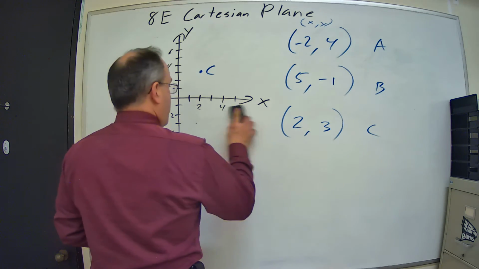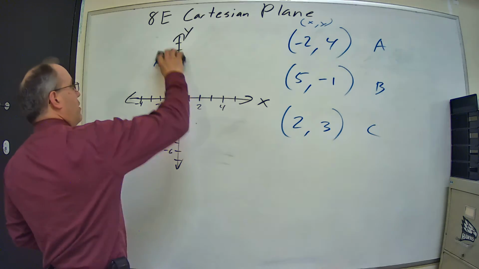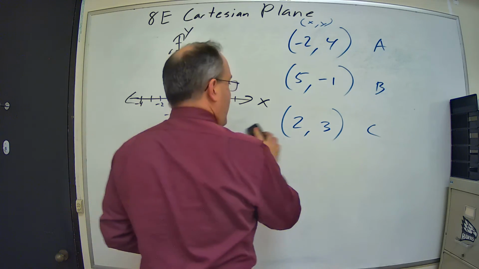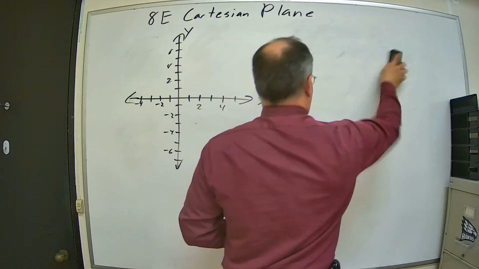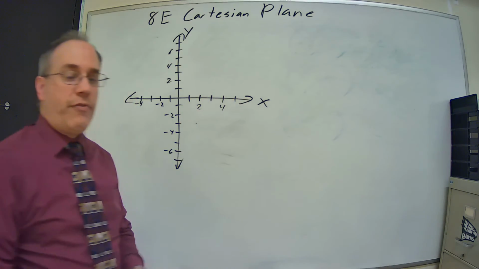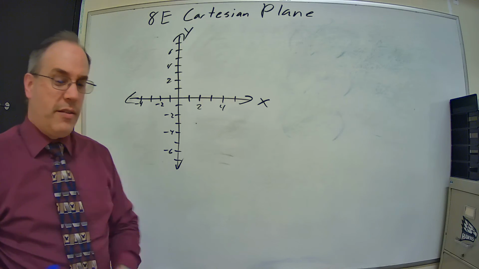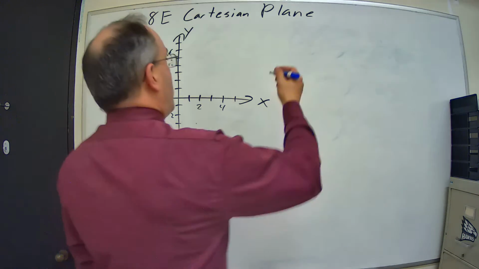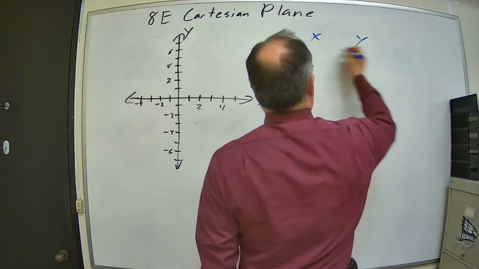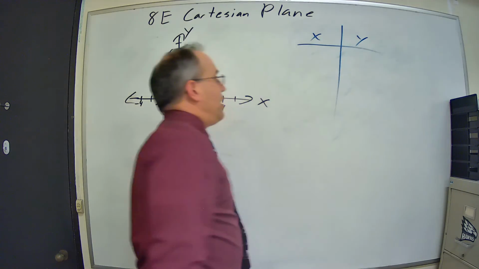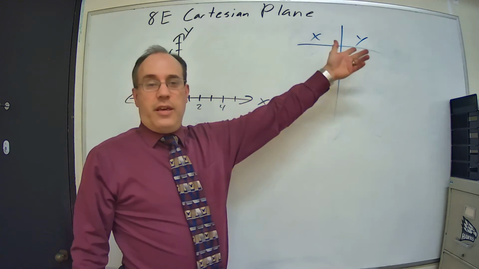Well, one last thing I'm going to do with this is, what if we have a table of values and we want to plot this table and put it on the graph? So I'm just going to have some random values. So I'm going to put x and y. Now realize that I could call these anything.